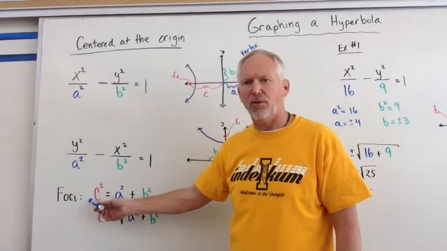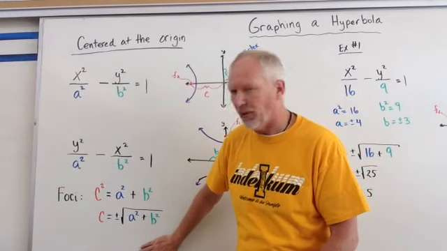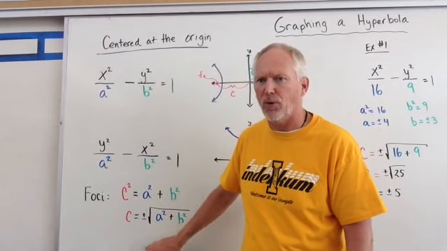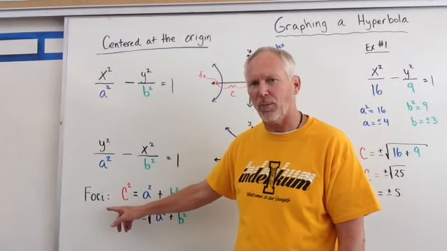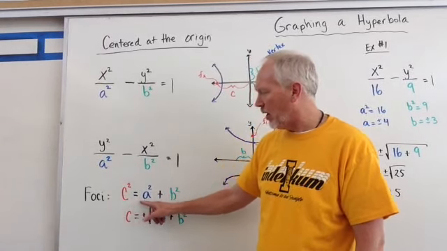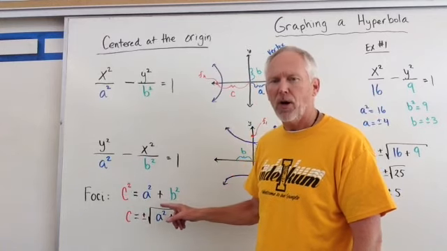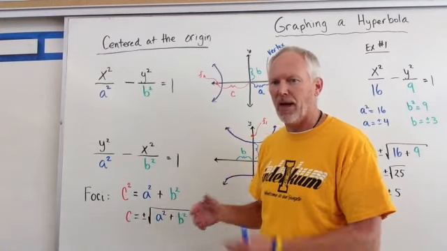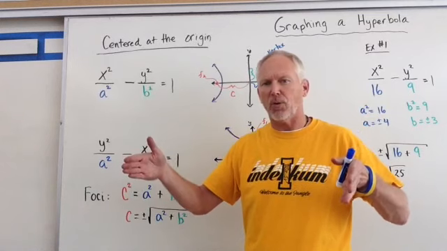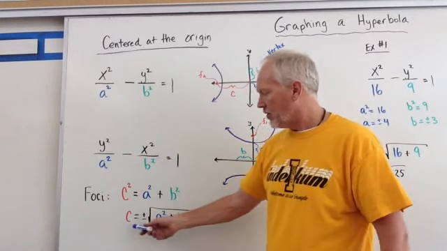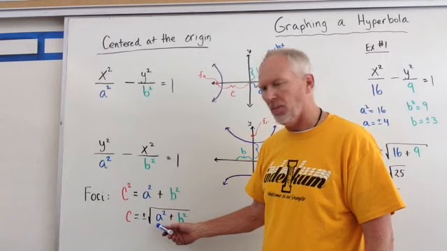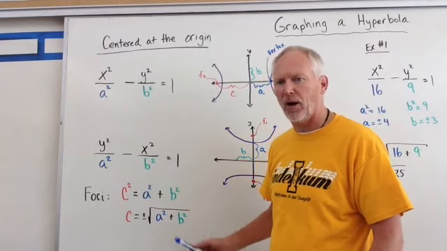C, again, is your focal point. So the foci, or the focal points, however you want to pronounce it: c squared is a squared plus b squared. Remember, for an ellipse it's minus, but now we want to go outside, so we add those values together. So the value of c will equal plus or minus the square root of a squared plus b squared.